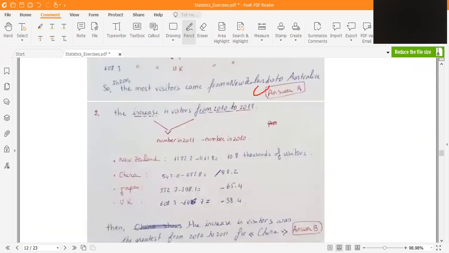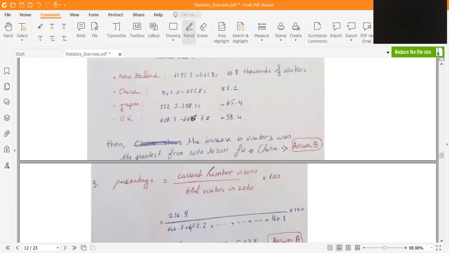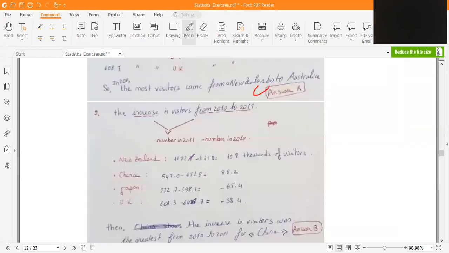So I evaluate the difference between 2011 and 2010, and we obtain these values.